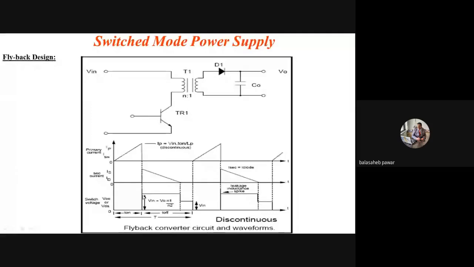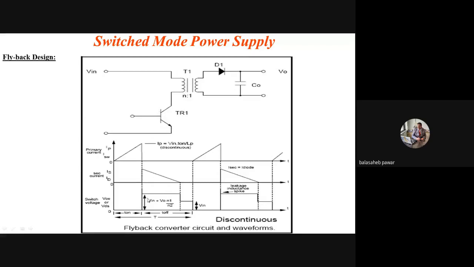So the shown amplitude of this VCE is not a voltage drop across that switch, remember. This is not the drop across the transistor. This is the voltage available across that transistor whenever it is in off state. And how much will be the amplitude of that voltage? That will depend on how much energy is stored by this inductor, that is the primary of that high frequency transformer, right?